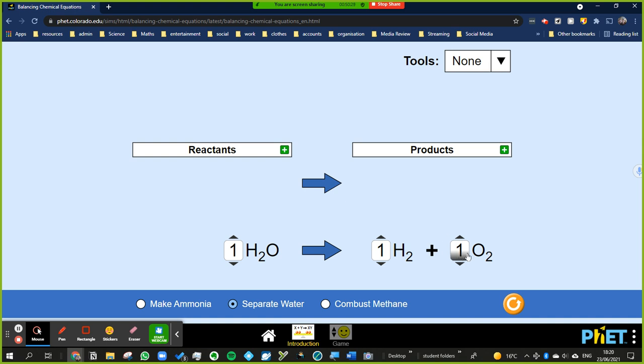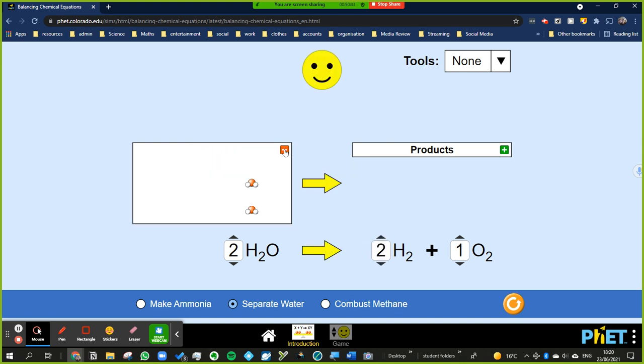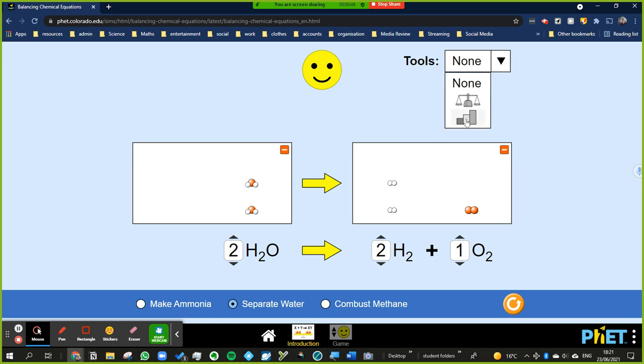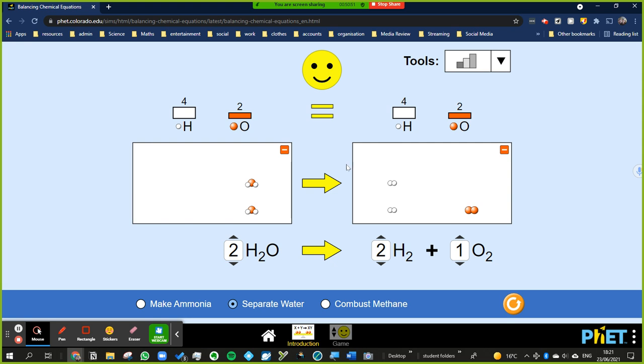We can't mess around with the formula. We can only change the number of the molecules. So what I'm going to do first is balance the oxygens. I click that. Now the oxygen's balanced, but when I did that, the hydrogens are not balanced. So I do that, and now the hydrogens are balanced. When I bring all these down again, I can see from the diagram it looks like they're balanced, and I look at this, and it looks like it's balanced too.